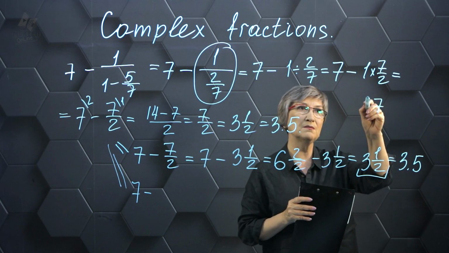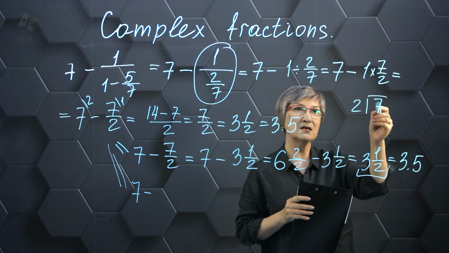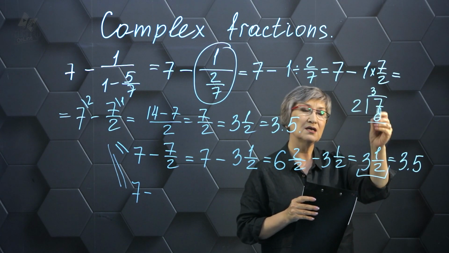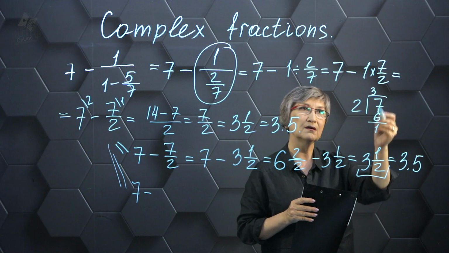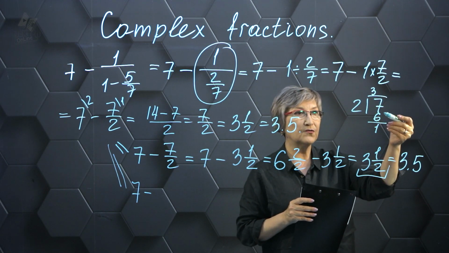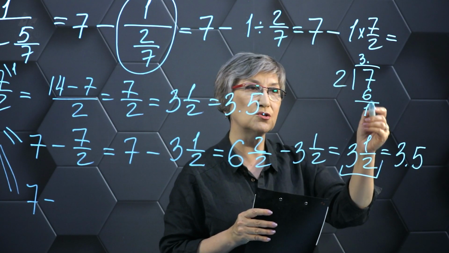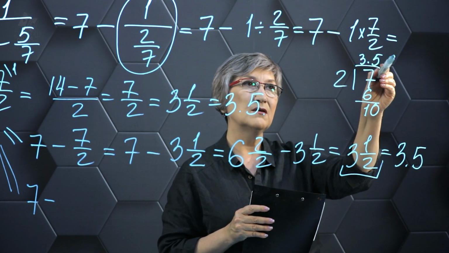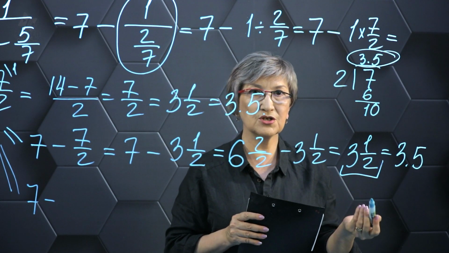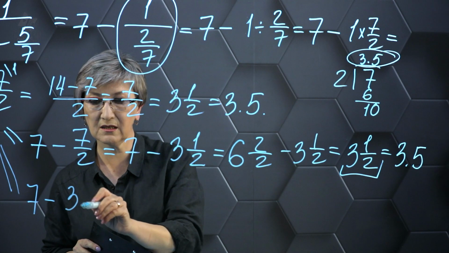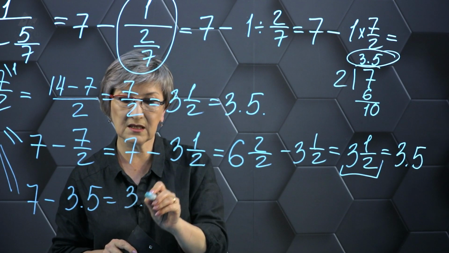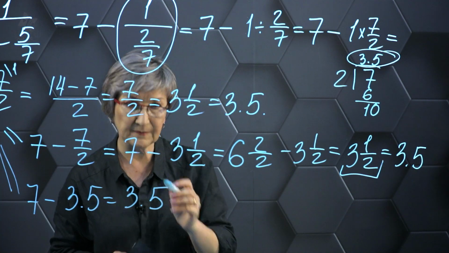Let's divide 7 by 2. Let's take 3 each. 3 times 2 is 6. 7 minus 6 is 1. There are no more numbers, so I put a decimal point and add a 0. 10 divided by 2 is 5. The result is the decimal notation of this number, 3.50. And then 7 minus 3.50 is 3.50.